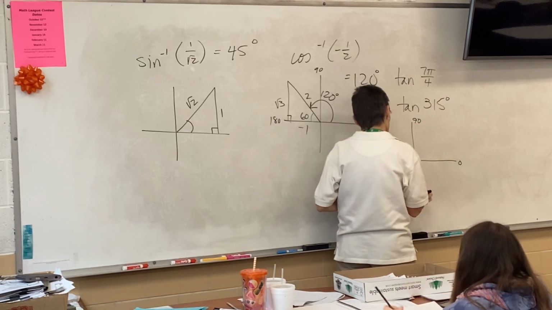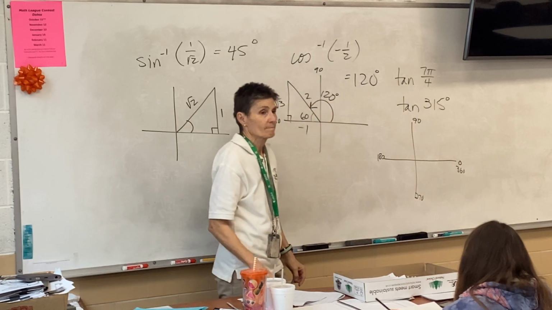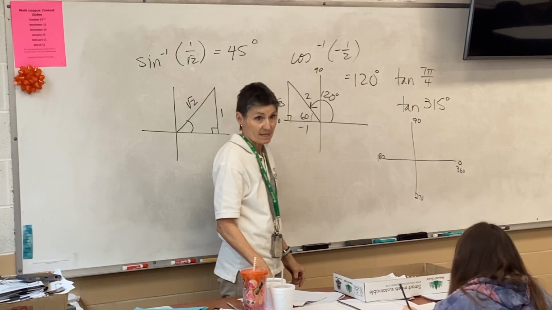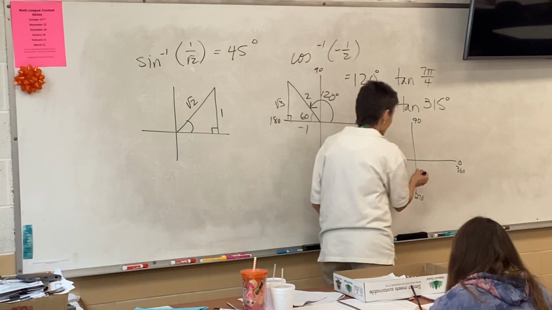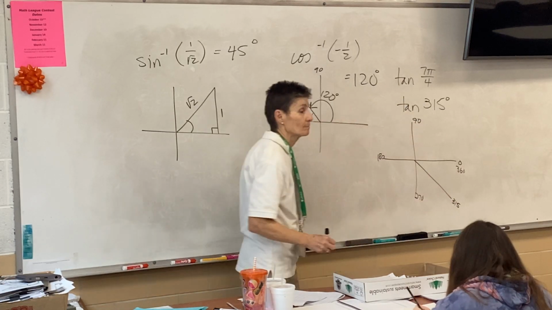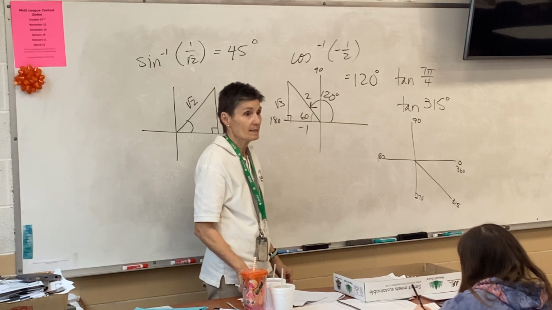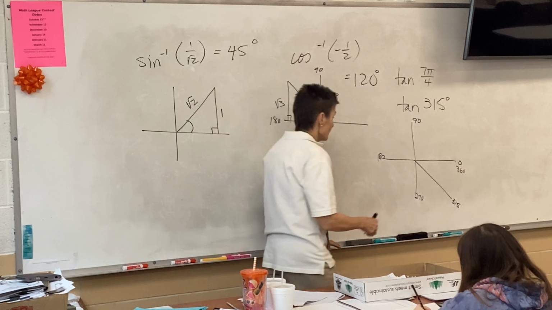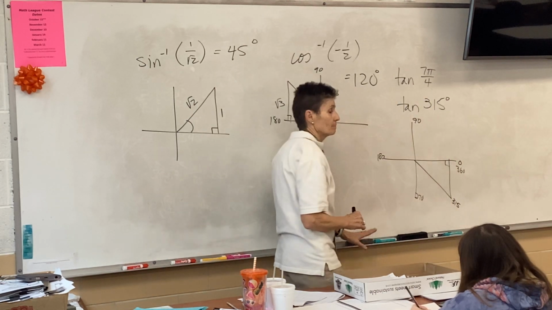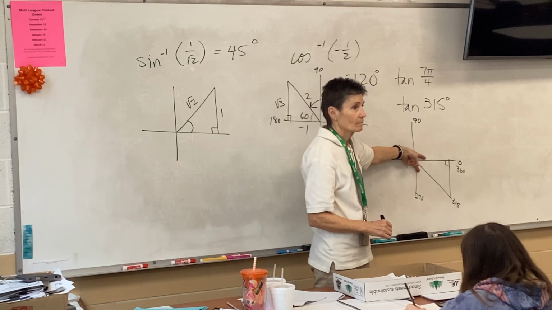So now I'm getting ready to do what I always do. I'm going to draw a picture. It's 315, which is going to be down here. Bigger than 270, less than 360. There's my triangle. 45.